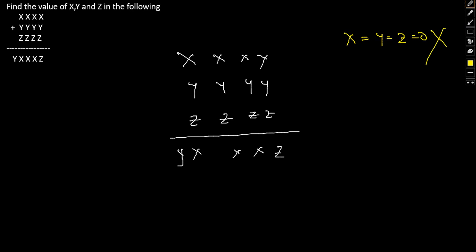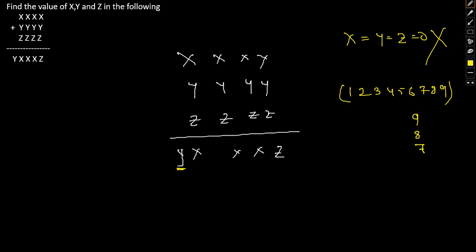Now let me give you an idea. Suppose all these numbers are single-digit numbers, so they will range from 1, 2, 3, 4, 5, 6, 7, 8 and 9. We can see one common term is extra, so there will be a carry of this particular term. Let's take the maximum possible numbers, 9, 8 and 7.